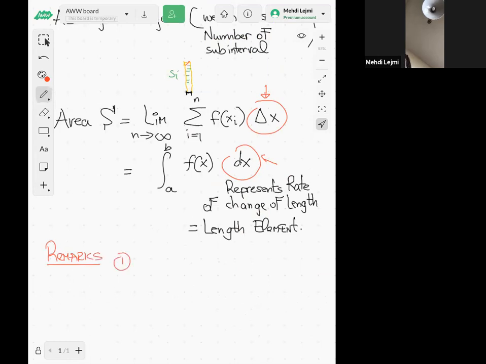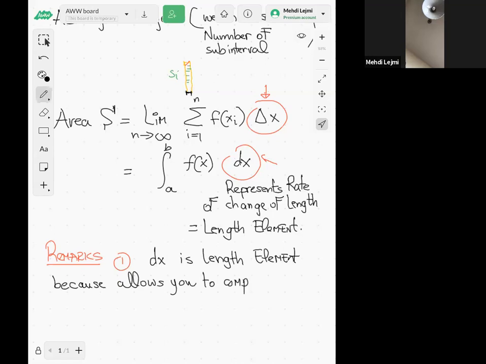This dx is called the length element because it allows you to compute the length of the interval AB.